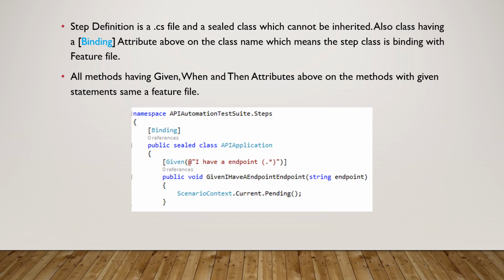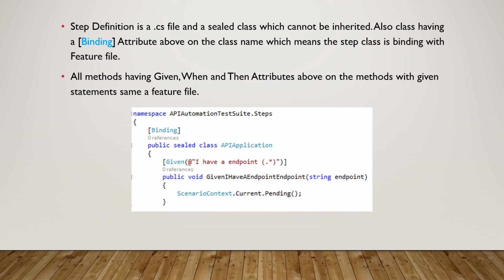If you see the namespace .Steps, it is because we have created one Steps folder. Inside that we have created a class ApiApplication. In this example, the public sealed class ApiApplication has the Binding attribute above it. By default it is written as Binding, and the class will be a sealed class.